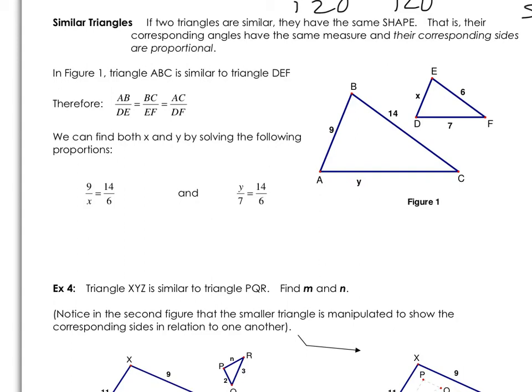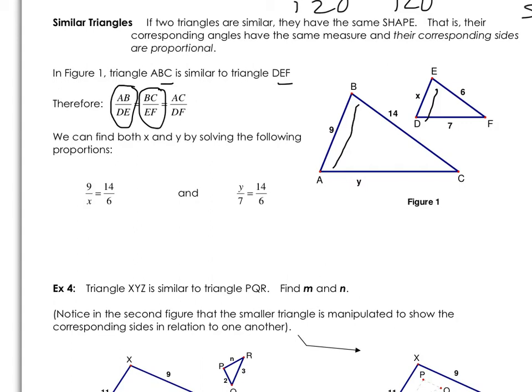Now notice what they're doing here. Triangle ABC is similar to DEF. So ABC, the first two letters are A and B. DEF, the first two letters are D and E. So they put AB over DE. The last two letters in the first triangle are B and C. The last two letters in the second triangle are E and F. You put them over each other in the proportion.